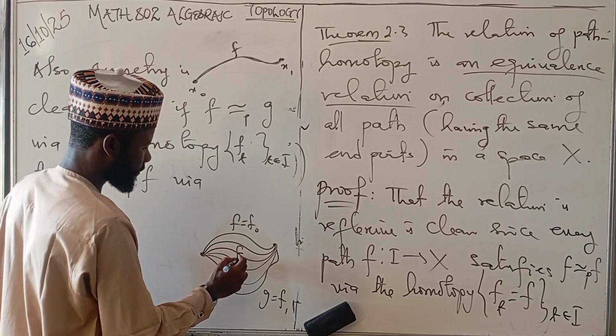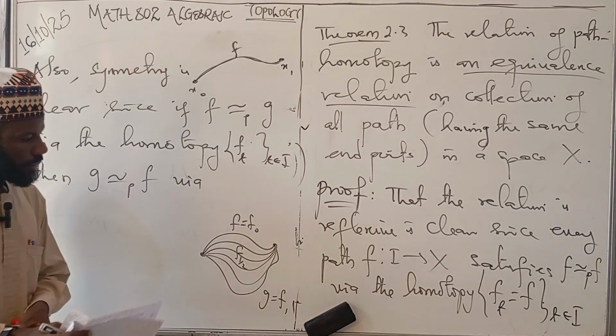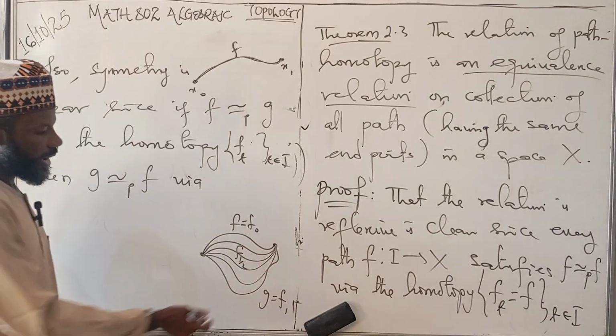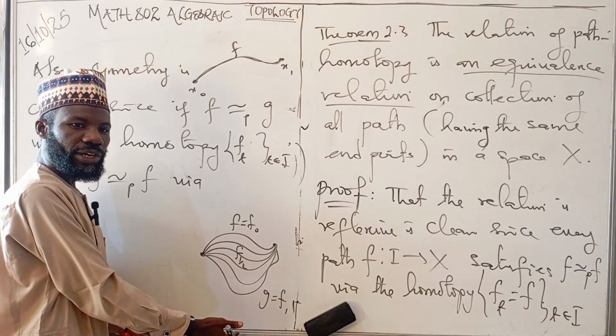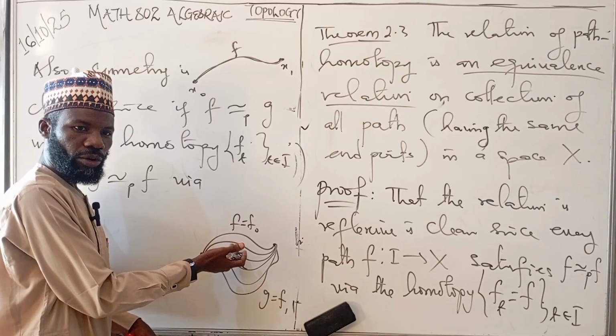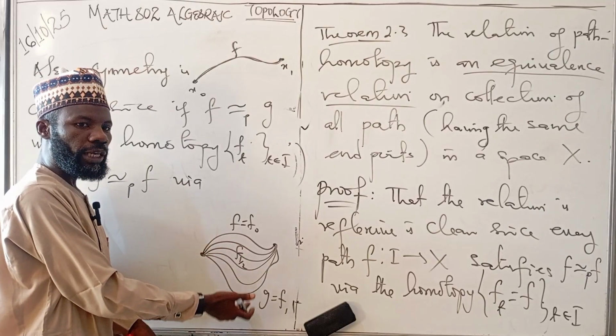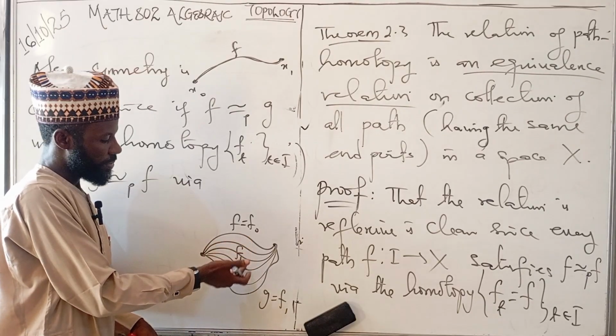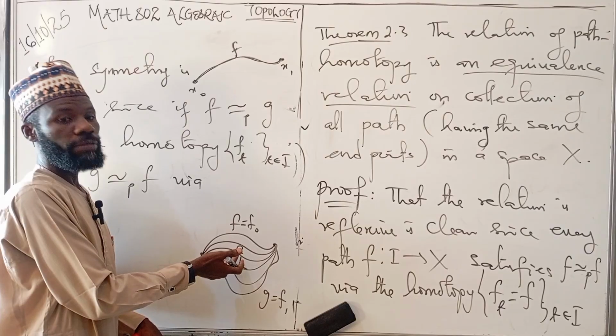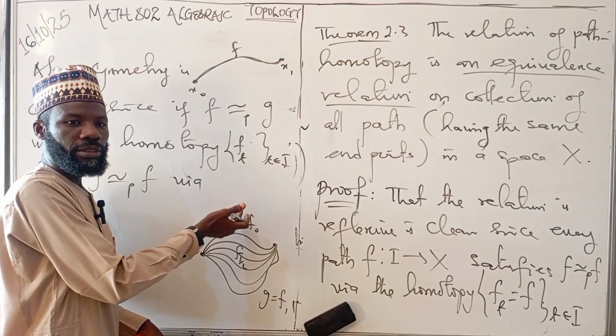This is F half somewhere here. And now you are at G and you want to run a homotopy, so you reverse the homotopy so that your F1 is F0 and F half will still be F half, and you are going backward.